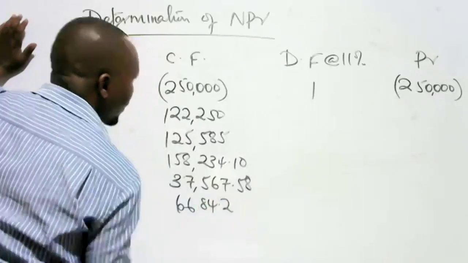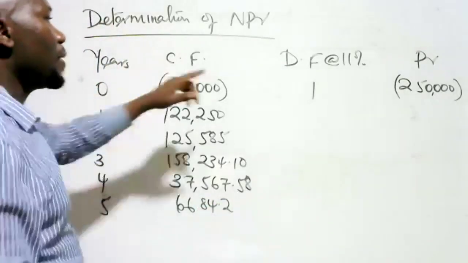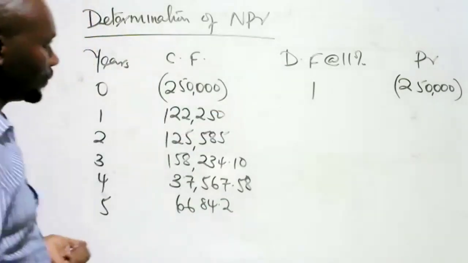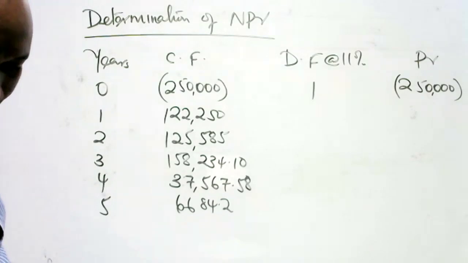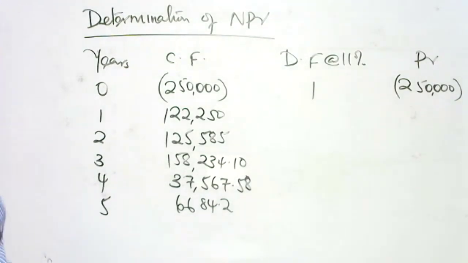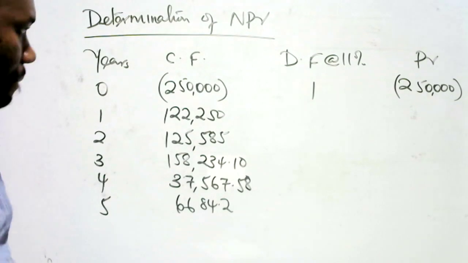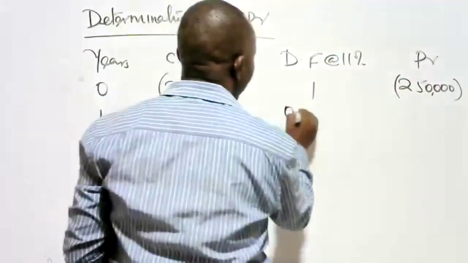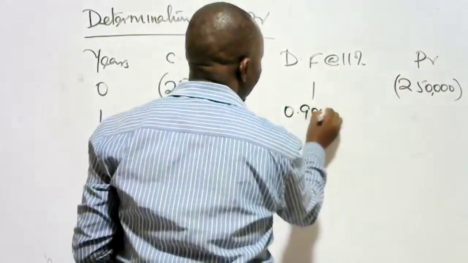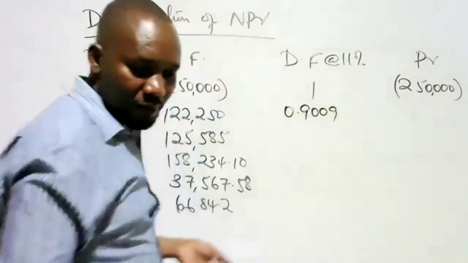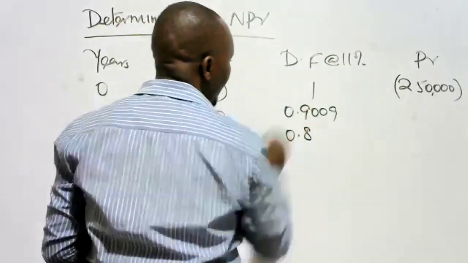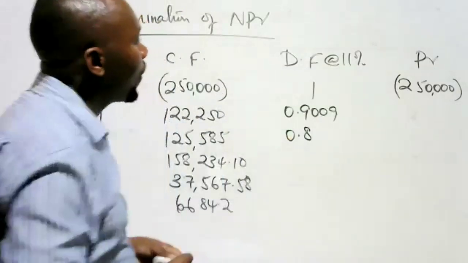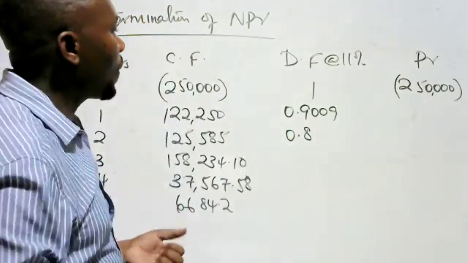Okay, discounting factor at 11%, year 1, 0.9009. This one is 0.8116.